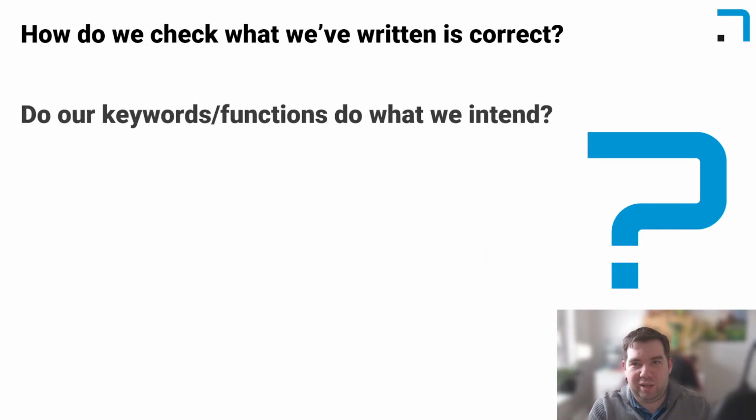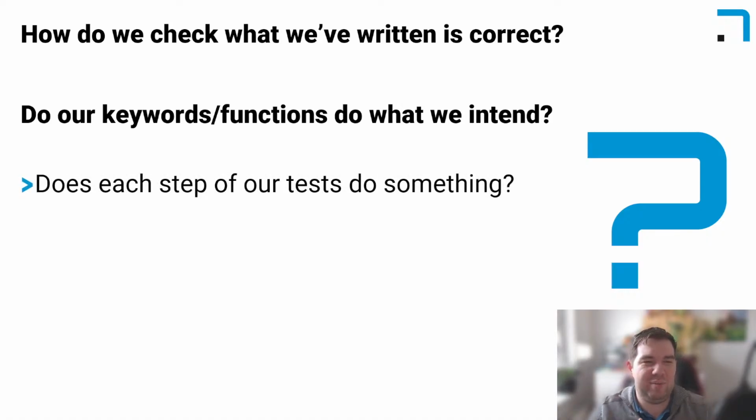Then let's look at our keywords and functions. Do they actually do what we intend? What I mean by this is, does each step of our tests actually do something that we want? Does an individual test step just accomplish some sort of side task that isn't that important, that we don't need to know about?